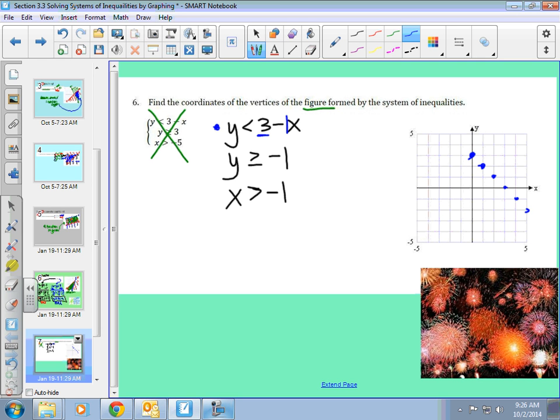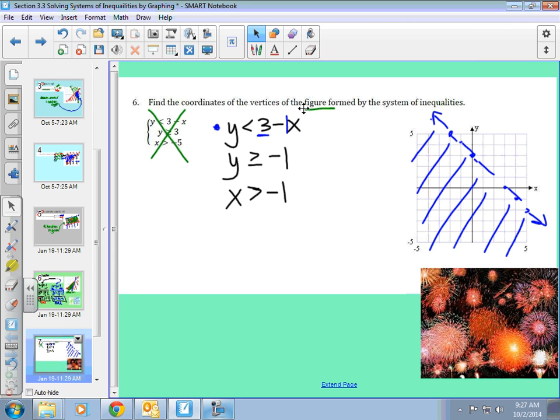Or my other option is I go up 1 to the left 1. And that should be a dashed line. So make sure you do that. Dashed line. This one is less than, so y is less than, so shade below.